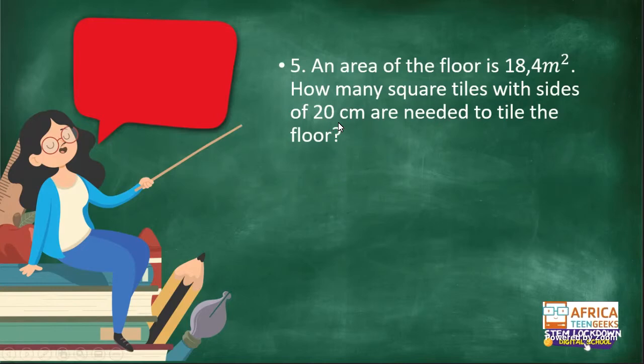So if you have a tile which is in centimeters, you need to convert your centimeters to meters in order to know how many tiles are going to be needed. If you don't convert centimeters to meters, then you have to convert the meters to centimeters so that you can work with the same unit of measurement.